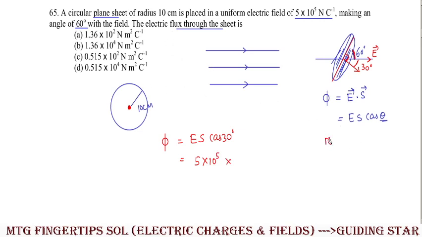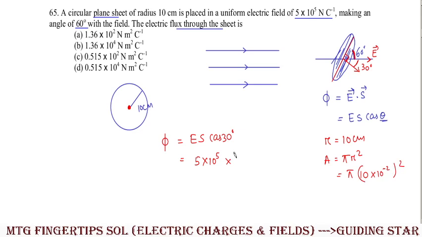The radius is 10 centimeter, so its area will be simply pi r square, that is pi into radius, 10 into 10 to the power minus 2, squared. Clear?